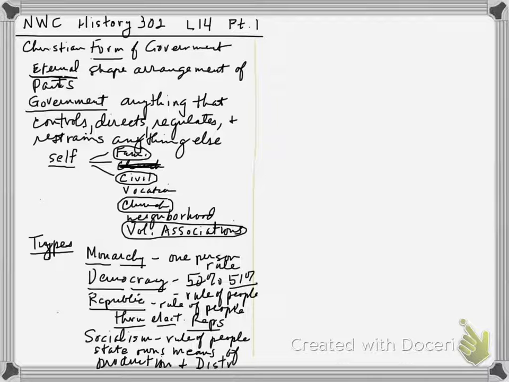So in this case, the people rule, they elect representatives, but the state and these representatives are now going to determine everything. They own all the means of production and distribution. So it's a state-owned economy. And that's kind of the basis of socialism.